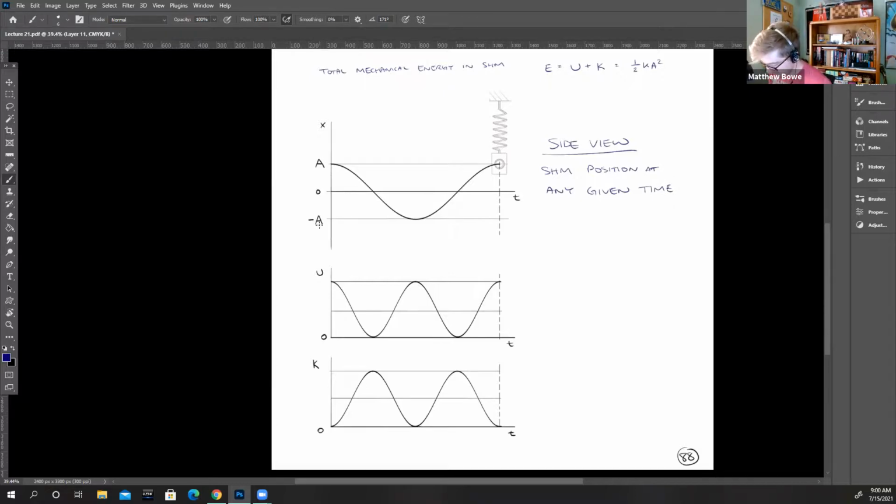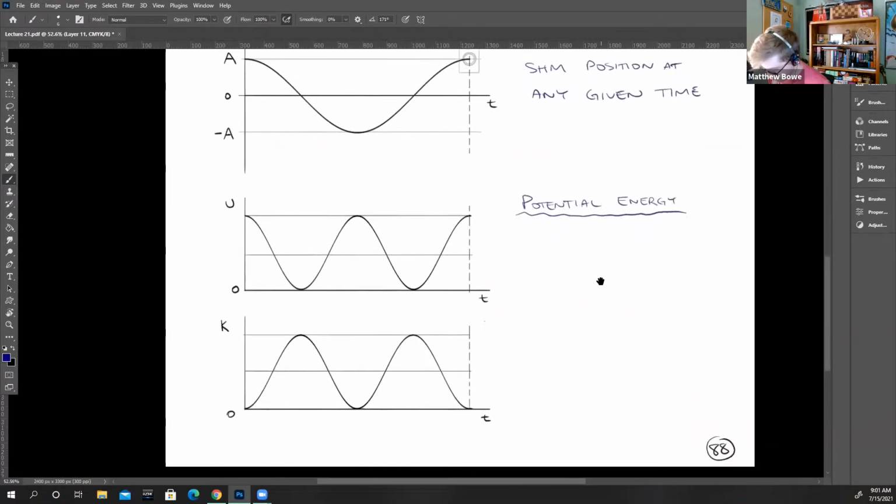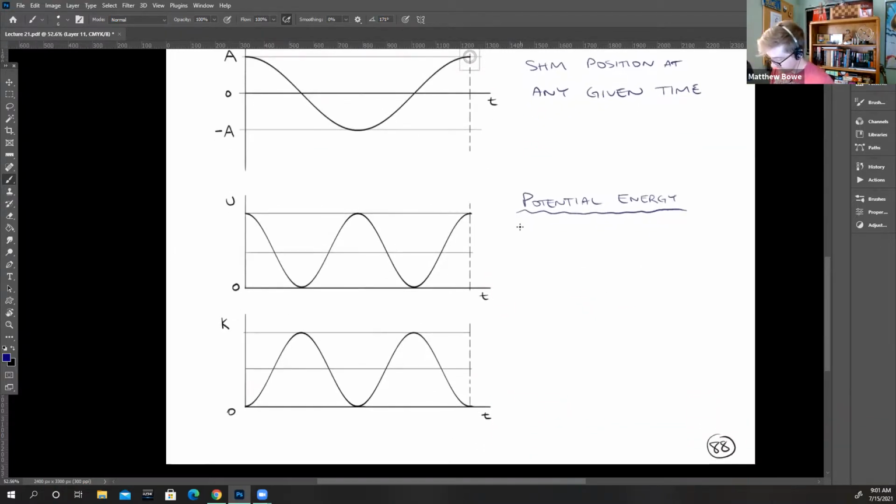And it's going from A to negative A over a course of time. All right. Let's do this one down here, the potential energy. Let me zoom in so I can write clearly.